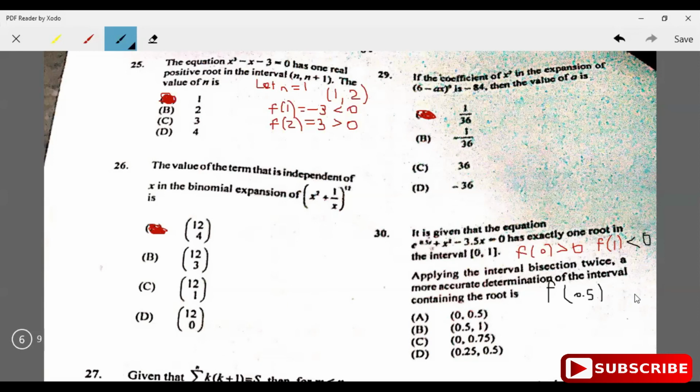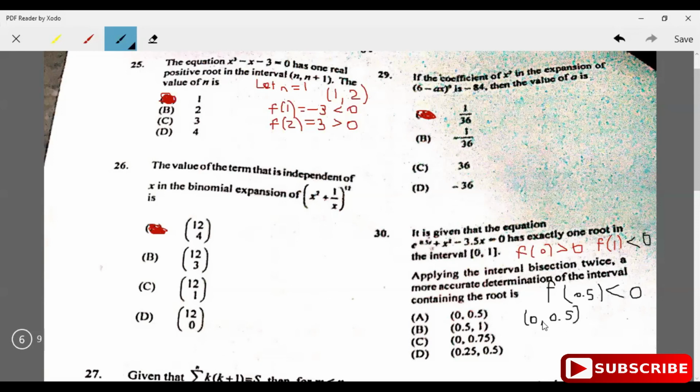I'm getting that it's less than 0. So f of 0.5 is less than 0, and the root falls between 0 and 0.5. That's one bisection. We need to do another bisection.